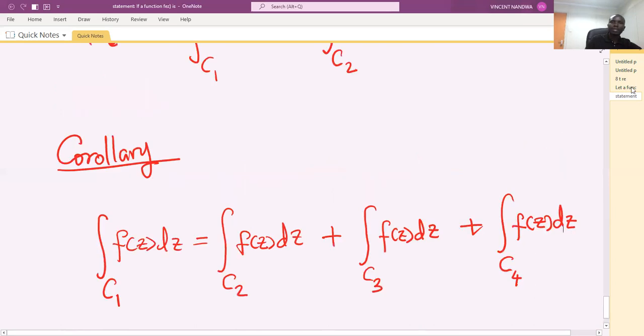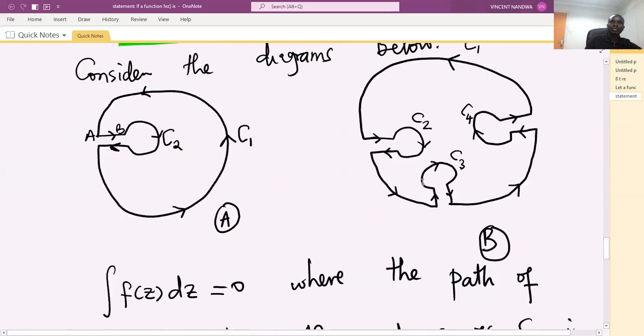So just the sum of these sub curves that actually join to form this C1.